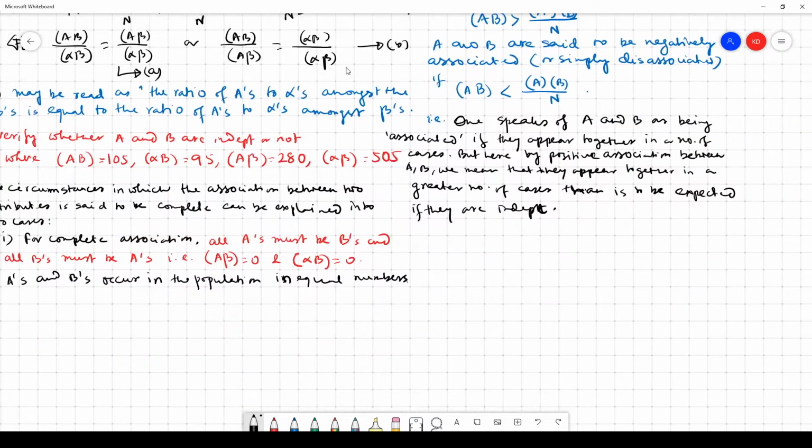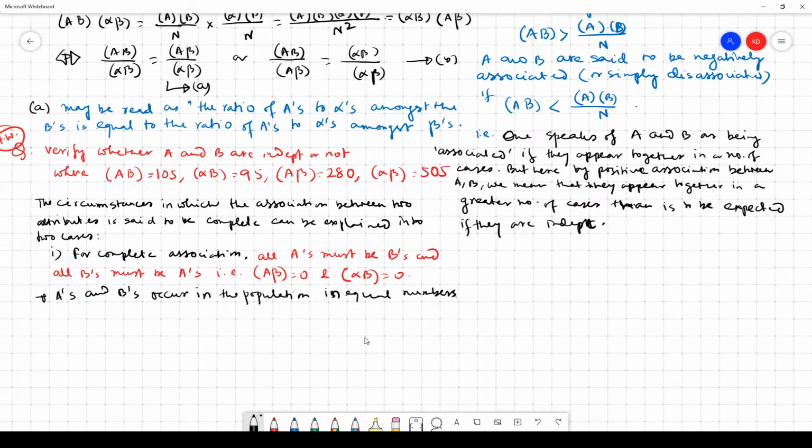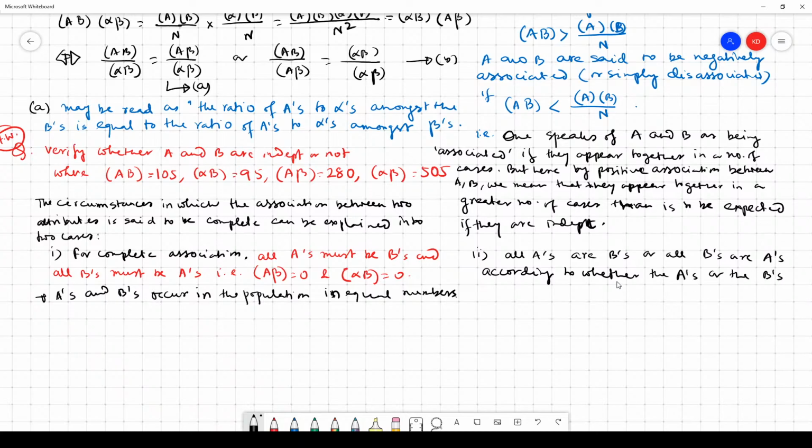Similarly, for case 2, we may adopt a rather wider meaning and say that all A's are B's or all B's are A's, according to whether the A's or the B's are in the minority.